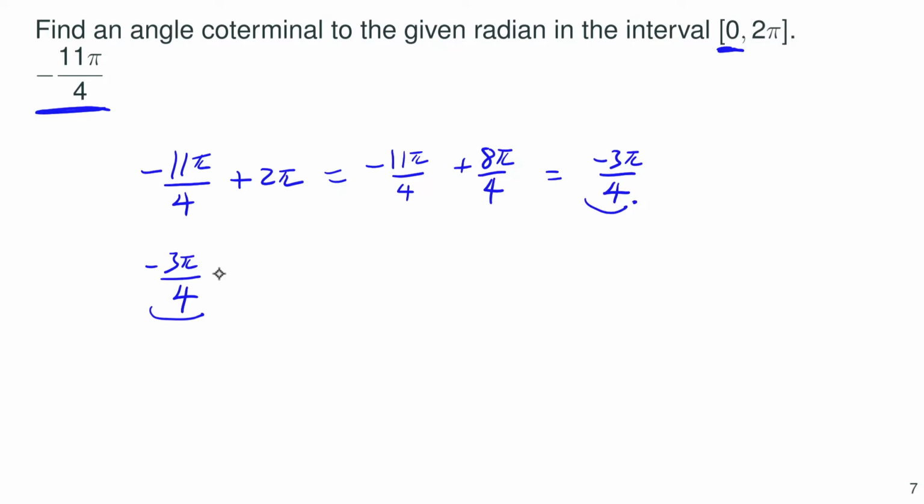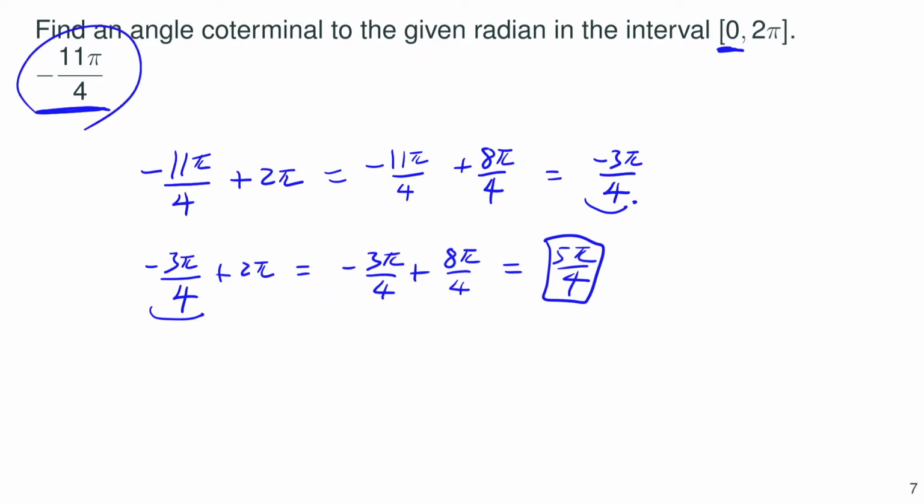Now from here, I'm going to add 2 pi again, just 8 pi over 4, which gives me 5 pi over 4. So now this angle is positive and between 0 and 2 pi. It's less than 2 pi and greater than 0 radians. So this is a coterminal angle between 0 and 2 pi for this angle.